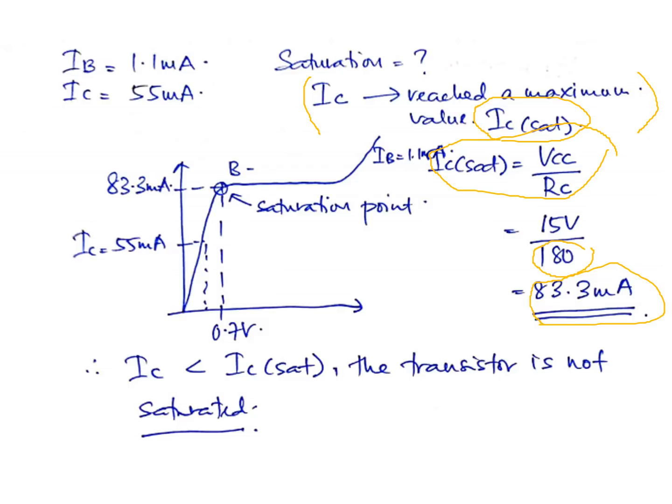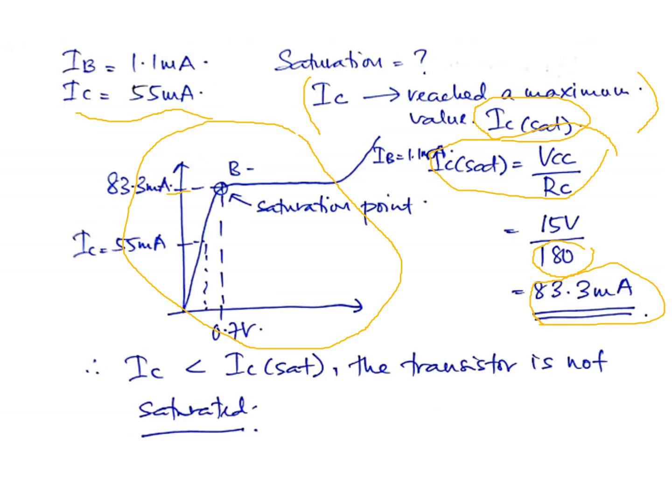Now from the previous calculation, we determined that IC is equal to 55 milliampere. On the collector current characteristic curve, this point is the Q point, where the saturation point IC value is equal to 83.3 milliampere.